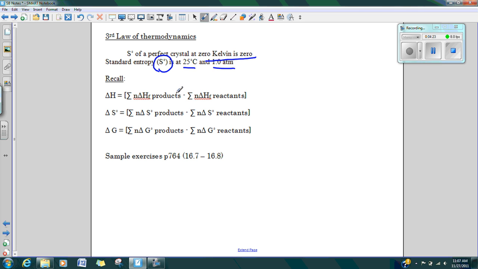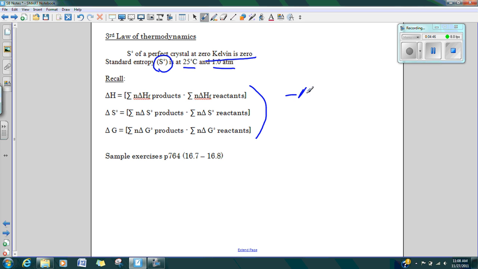Now, we've already done this in the last chapter. We did product minus reactant with your change in heats of formation. You have similar charts for entropy and Gibbs free energy. You can do the same thing in all three of these cases, and we'll work through a few of these problems in class. You take product minus reactant, and depending upon the sign that you get, you can tell whether it is spontaneous or not.